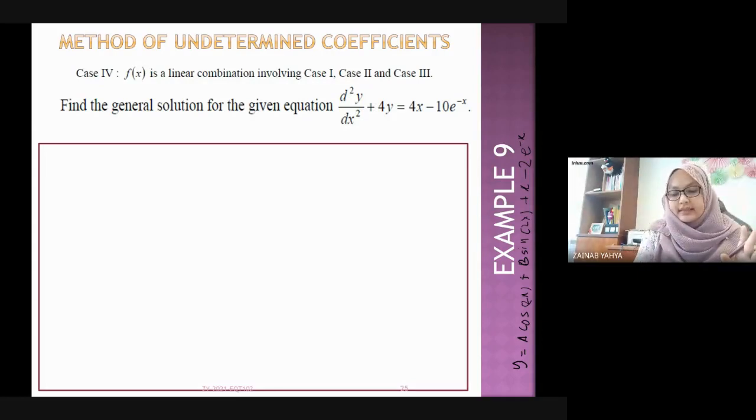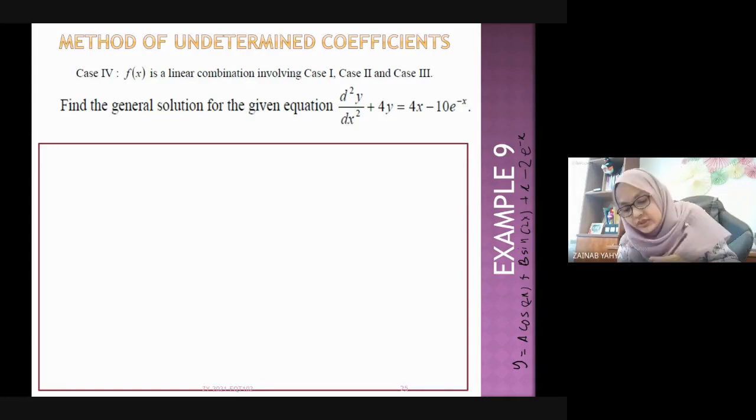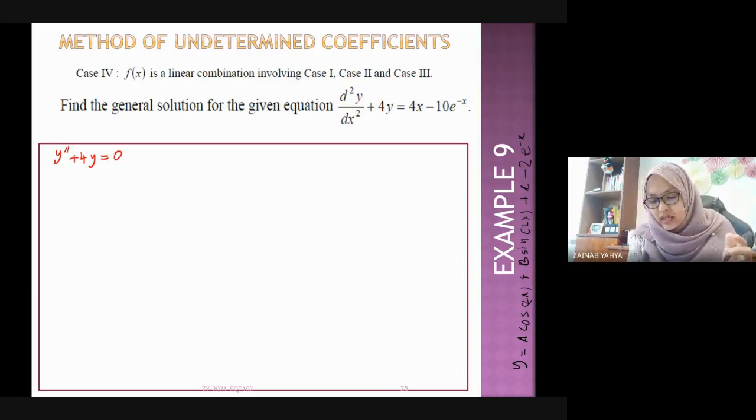Okay, next. We repeat the same steps. Find the homogeneous solution first. So we write again the question y double prime plus 4y equals 0. Now you want to find the characteristic equation. m squared plus 4 equals 0. Again, this is a complex root. m squared equals negative 4.